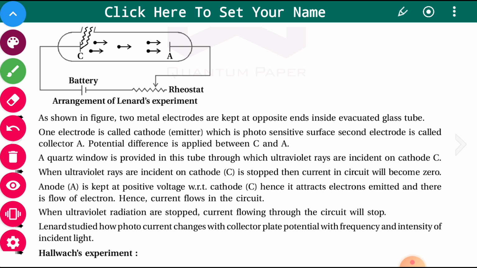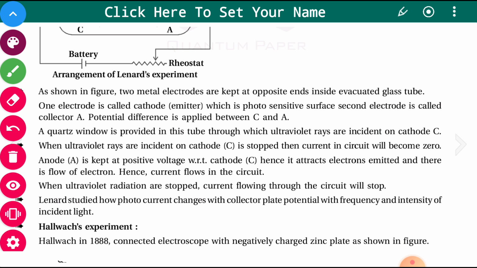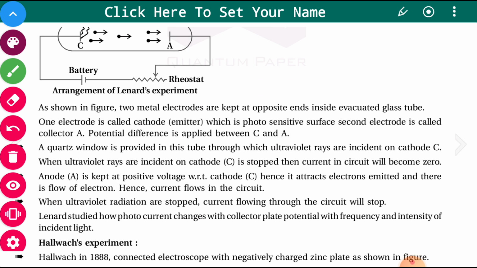The anode is kept at positive voltage with respect to the cathode, hence it attracts the electrons emitted and there is a flow of electrons, hence current flows in the circuit.